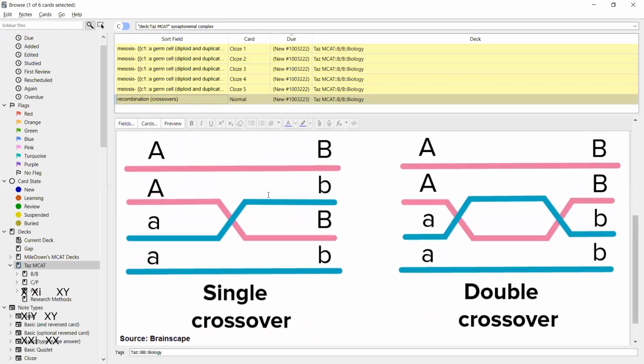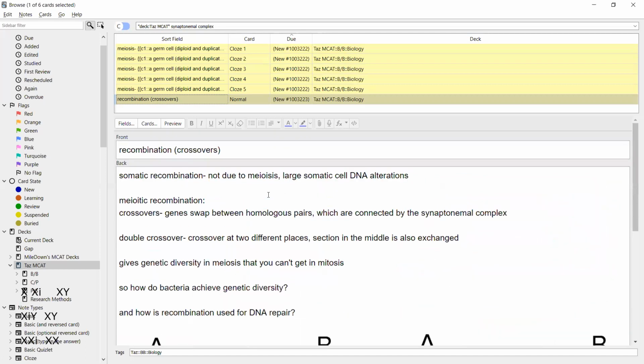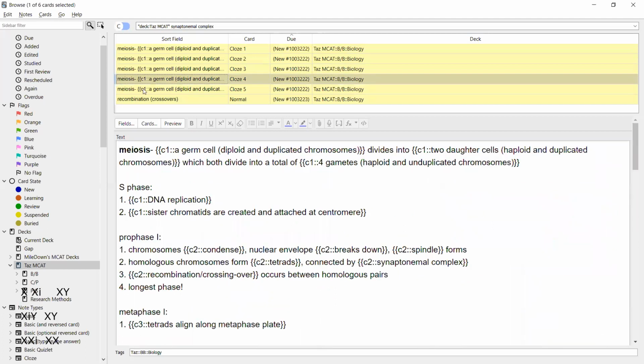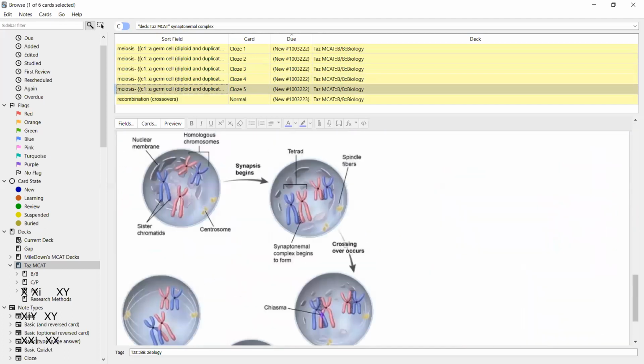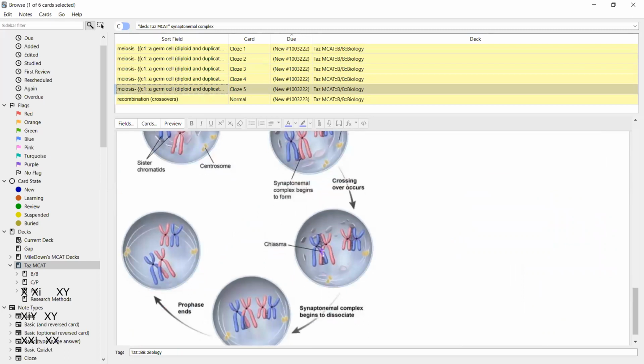I think this diagram is a little hard to understand though. This picture is good if you can see it, that you see that the blue leg of the left one ends up on the pink chromosome, and the pink leg of the pink chromosome ends up on the blue chromosome.